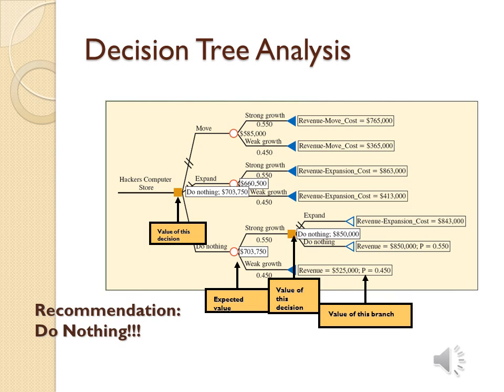The expected value of doing nothing is found by multiplying 0.55 times 850,000 plus 0.45 times 525,000, and that gives us a final value of 703,750. So our analysis would indicate that the best decision, the most monetarily worth it, the most lucrative, would be to do nothing.